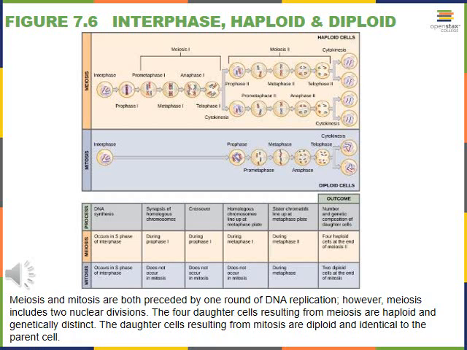Let's start with meiosis, which is the very top box, the yellow or pale tan, however you see it, the very top one. That says meiosis on the left, and it starts with interphase. So it's showing you interphase here. Interphase, if you can see it, is a little bit squiggly in the center there.